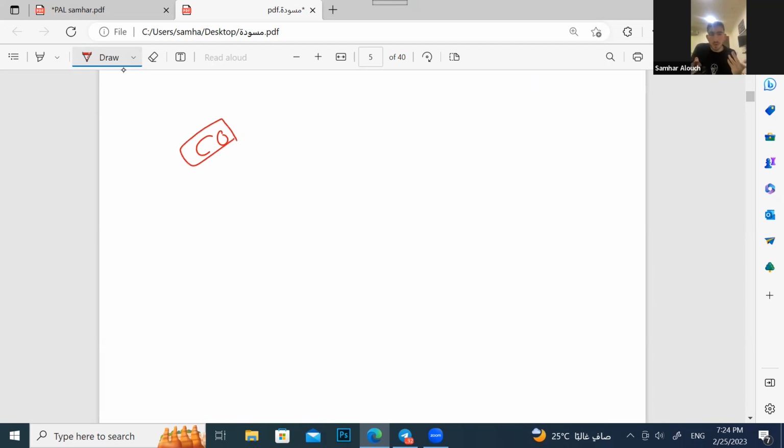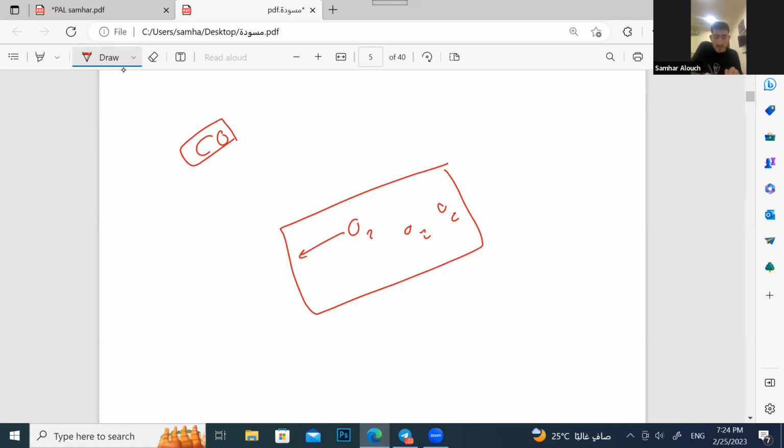So what's special about carbon monoxide? If you have a gas, O2, O2, O2 here, and it's pushing the walls and pushing against itself, it causes a pressure. But if it is bound to a protein like hemoglobin, it's not moving, so there is no pressure. And that's what's special about carbon monoxide.